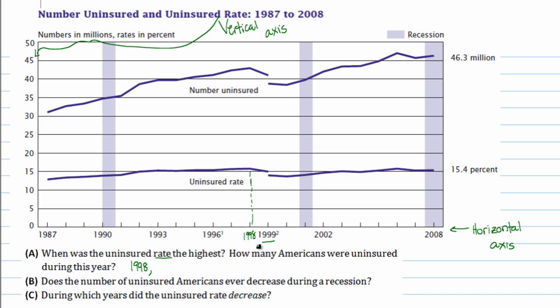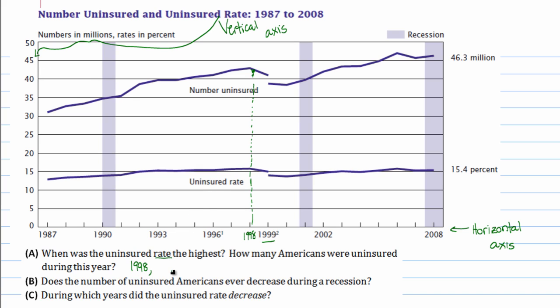And how many Americans were uninsured during this year? Well, the number of uninsured is represented by the graph up above. So I will go ahead and try to climb this mountain here until I get to this point right here. It looks to me to be between 40 and 45, and in fact we'll say maybe 42.5.